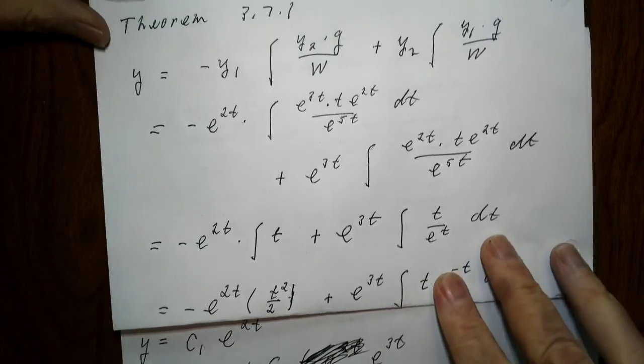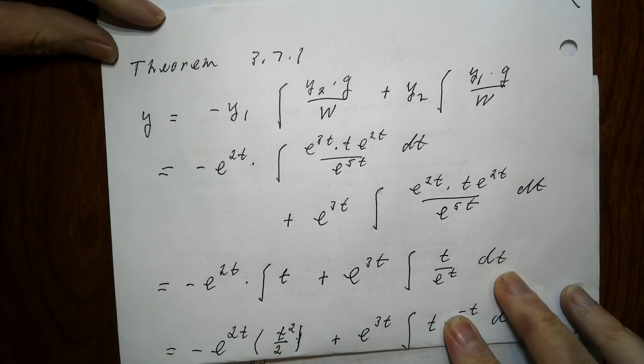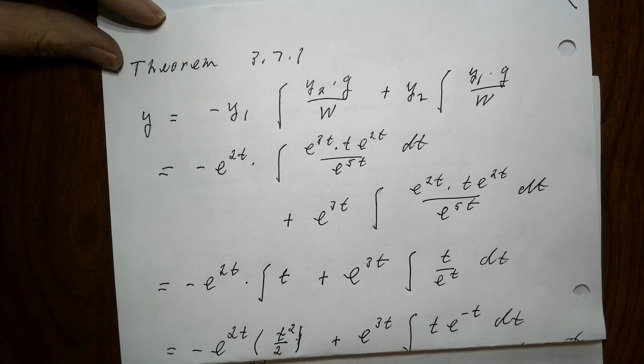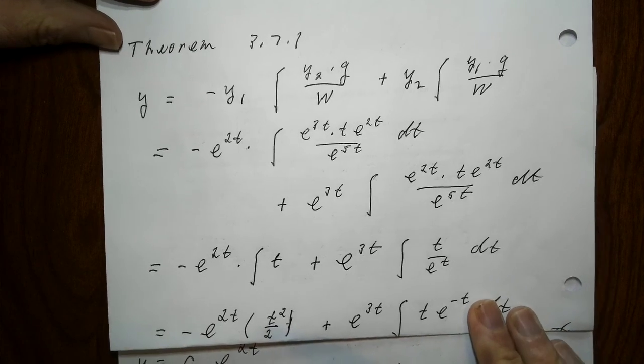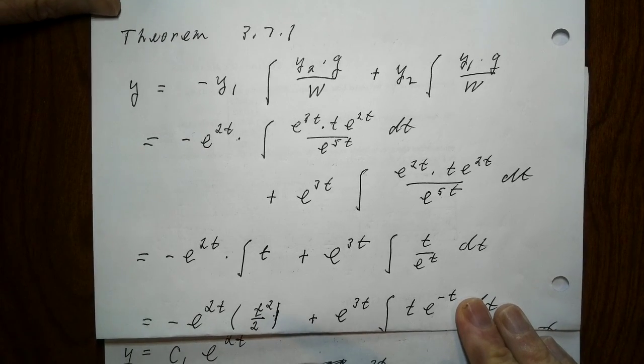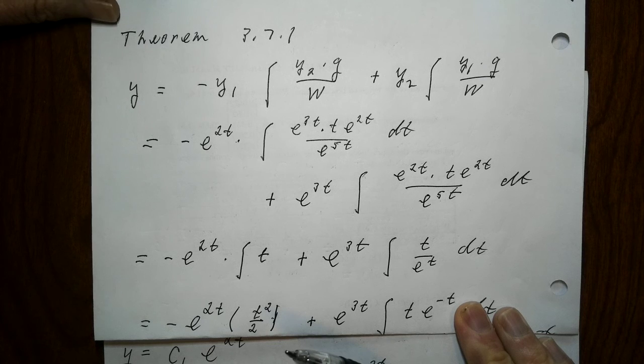Now, in Boyce and DiPrima's book, section 3.7, theorem 3.7.1, there's a formula that allows us to get our particular solution. I won't go into the derivation of this. It's a generalization of what we do for the homogeneous situation.